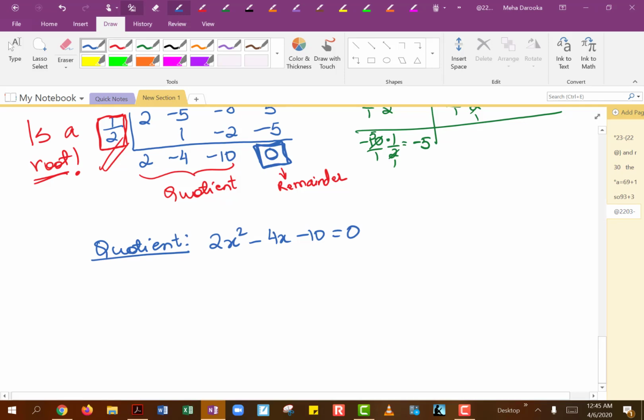So if you take each term and divide it by 2, you should end up getting x squared minus 2x minus 5 equals 0. If you don't recognize that there's a 2 common in all these terms, then just keep 2x squared minus 4x minus 10 and use that.